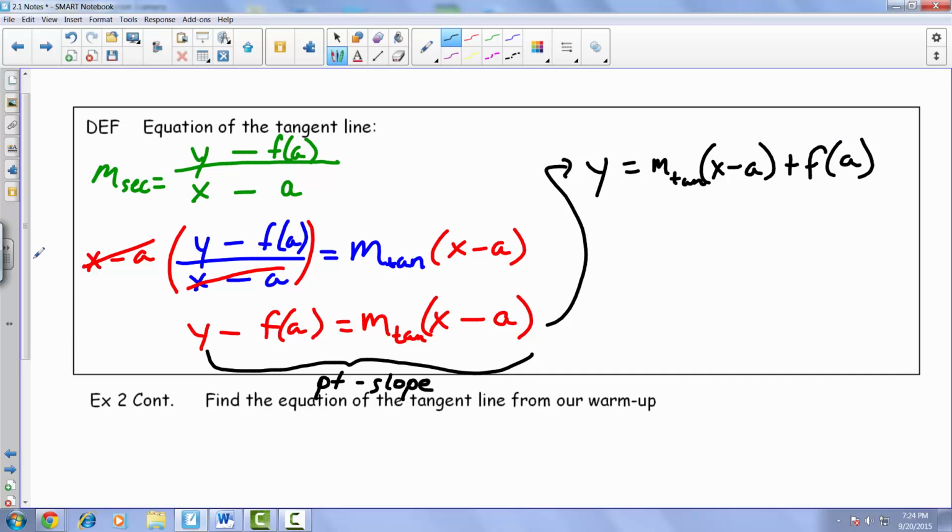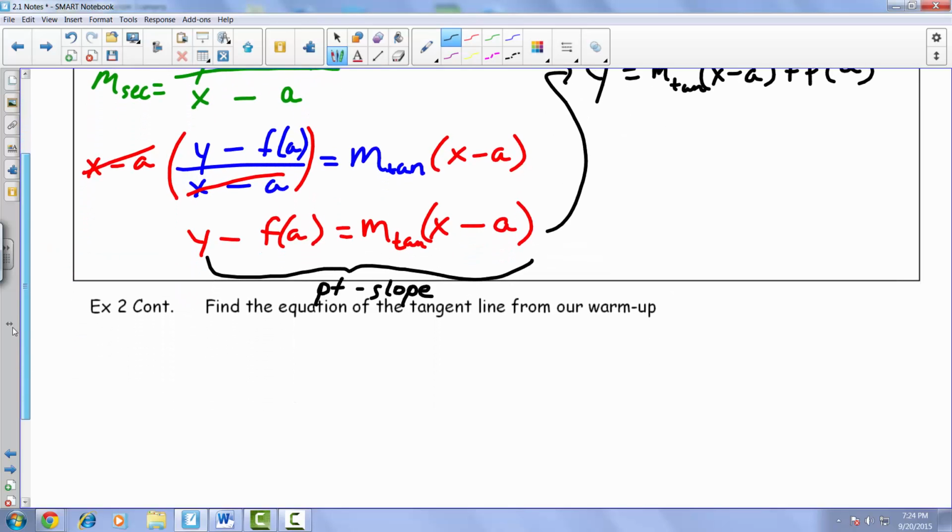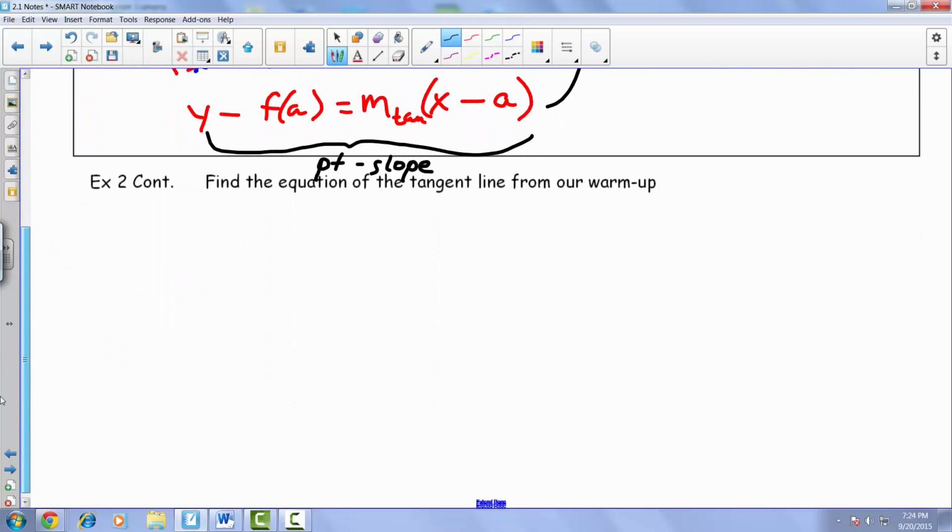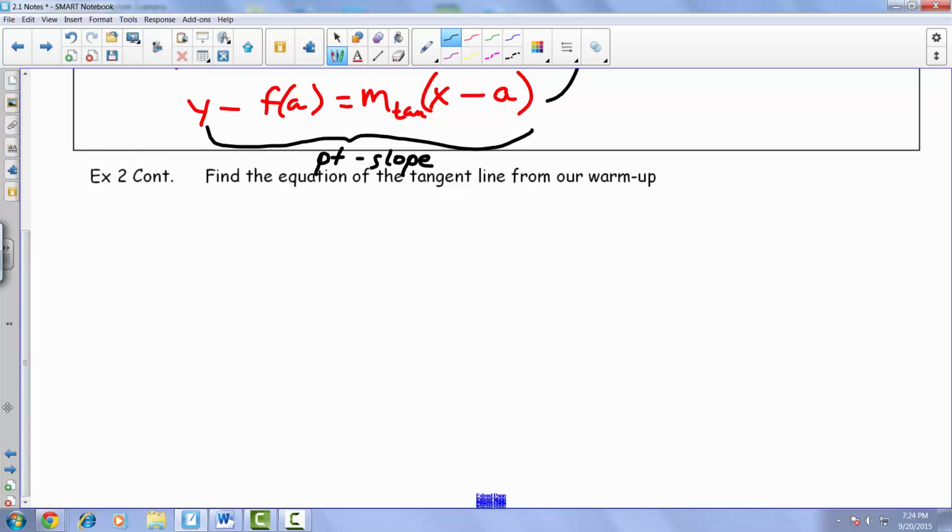Now looking at example 2, let's use that information. We're asked to find the equation of the tangent line from our warm-up. We know that from example 2 in the warm-up, our tangent slope came out to be 2.